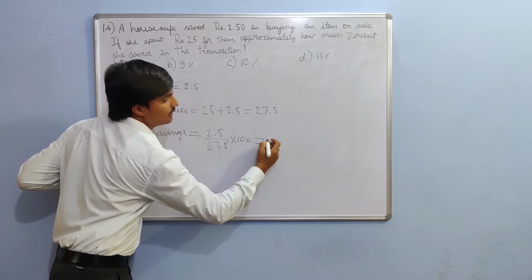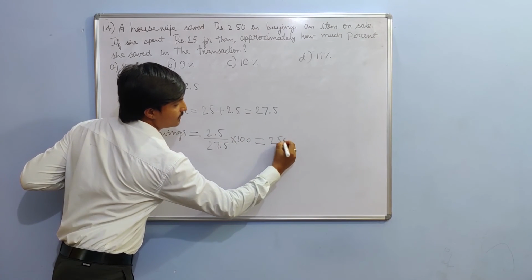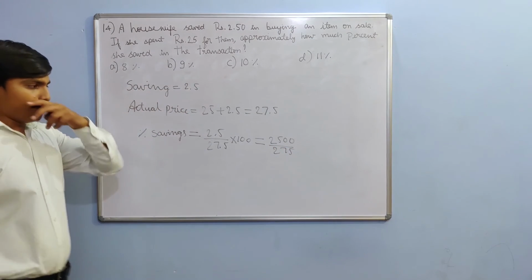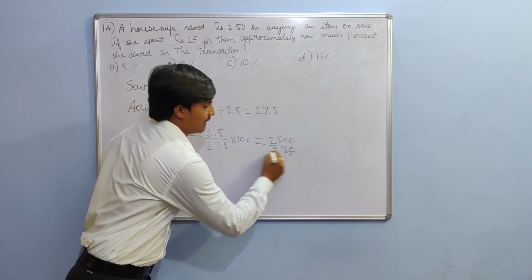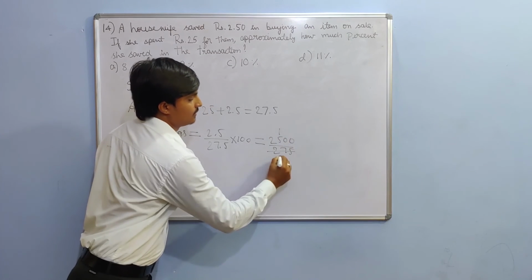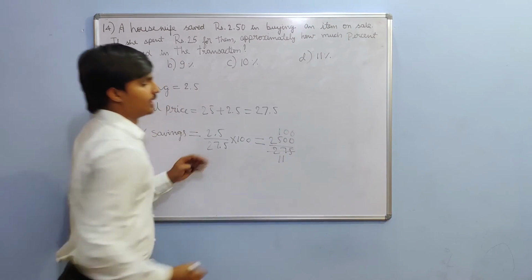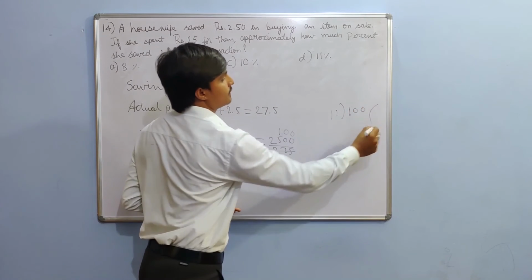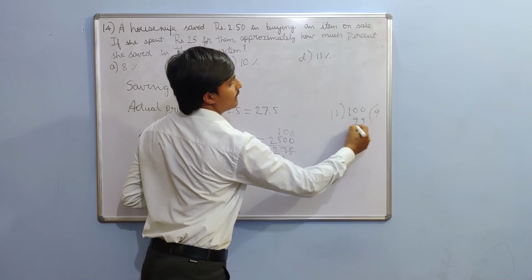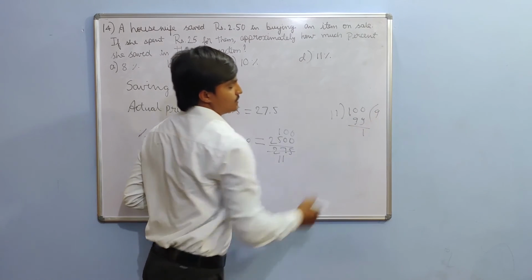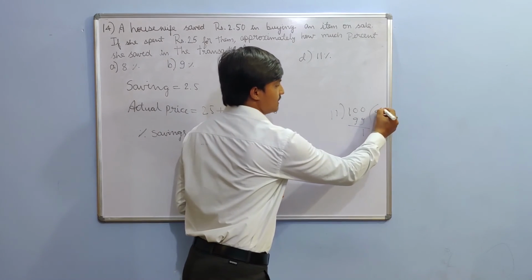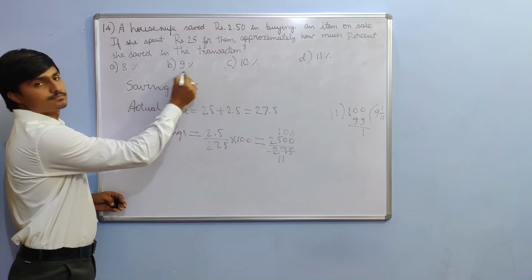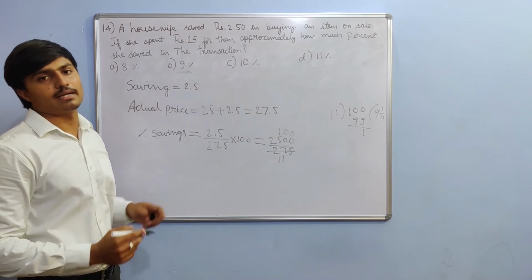That we can write as 25 over 275 into 100, so 11 9s are 99, remainder 1. So if we keep it in mixed fraction, that is 9 1 by 11, which is nearly equal to 9%. So option B is the right answer.